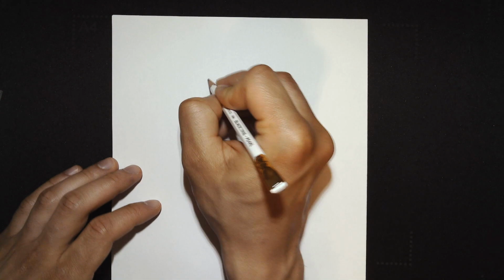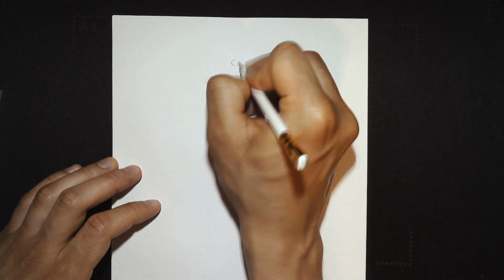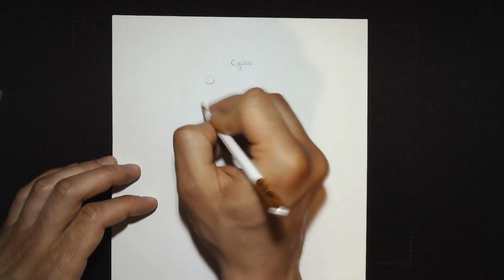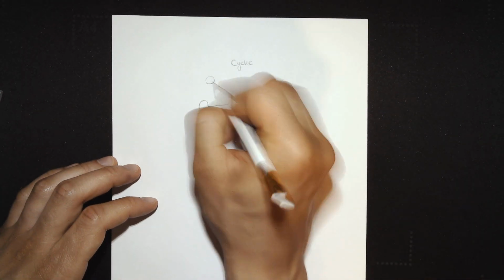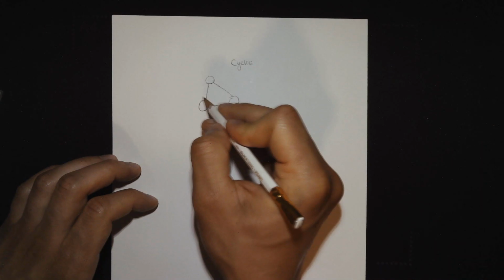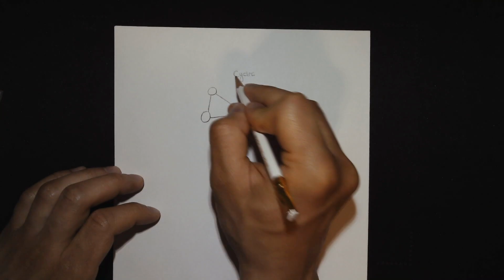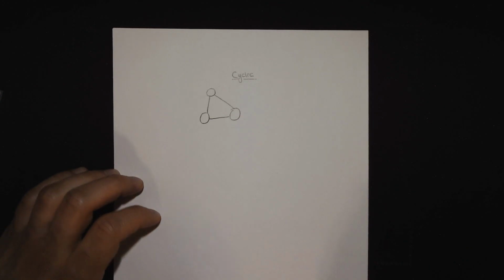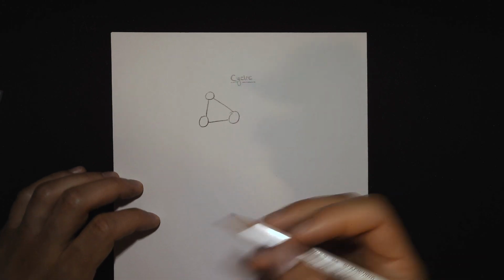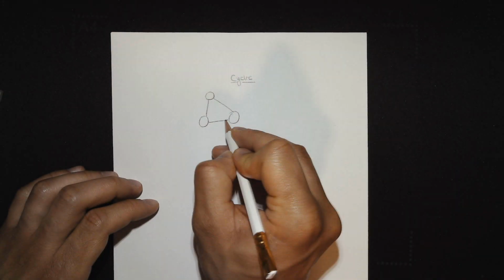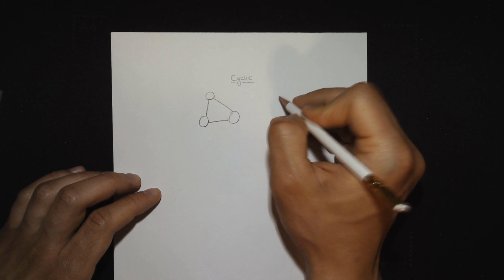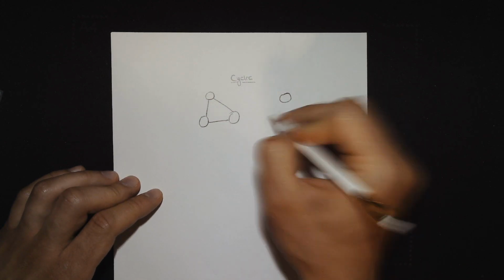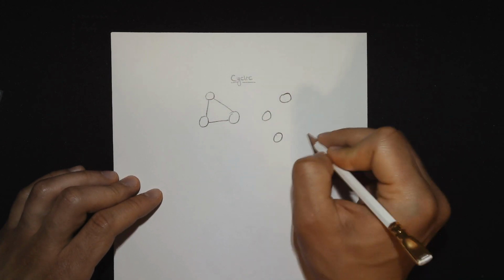So let's look at cyclic graphs. These are connected graphs. I put the definition on the last page. So if you forgot already, you could just refer back up in the video a bit. So cyclic graphs are just connected graphs where the valence of every vertex is 2.